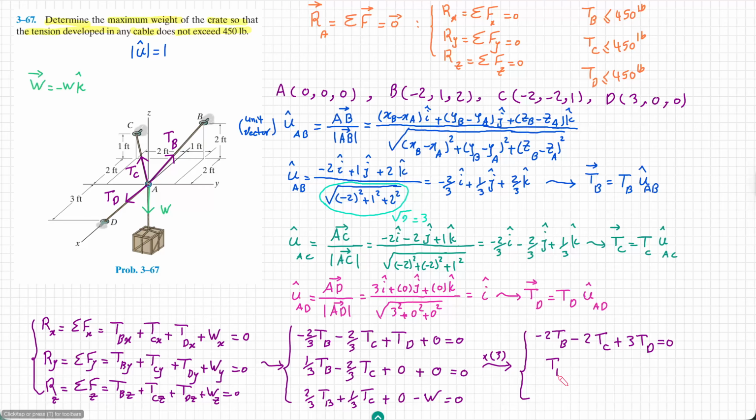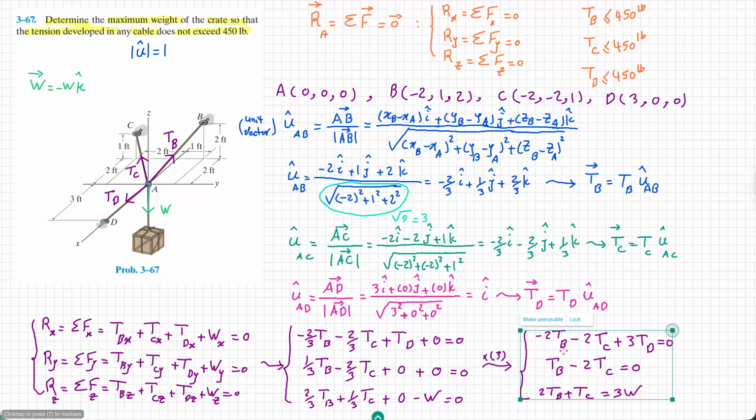TB minus 2TC equals 0, because we don't have any other thing. And the last one is 2TB plus TC. If I move this to the other side and multiply it by 3, we get 3W. Okay, now I have to solve this system of equations to find each of TB, TC, and TD.